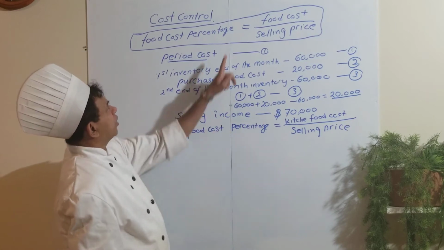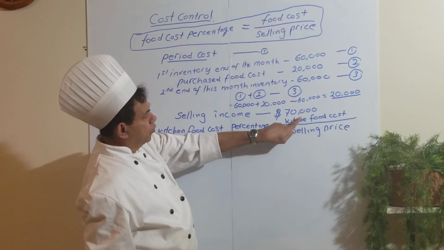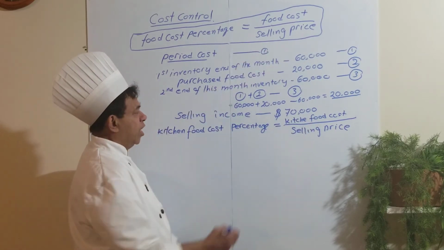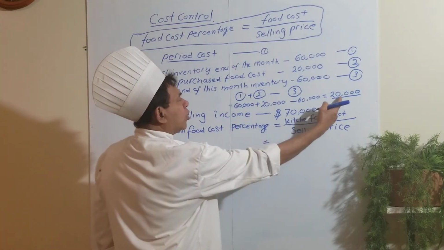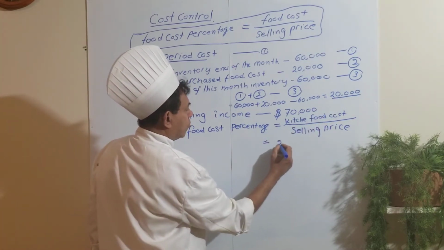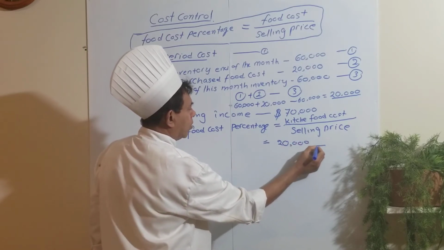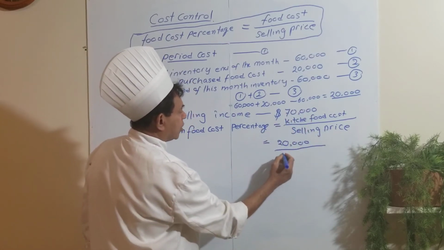This formula is equal to this one. Cost percentage is food cost, kitchen food cost, is selling price, same thing. Now add the figures. Kitchen food cost, I got $20,000 and selling price is 70,000.